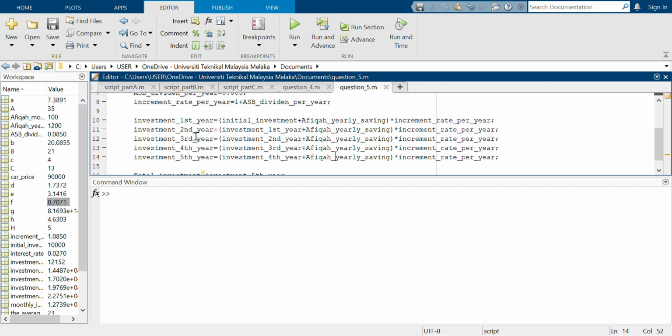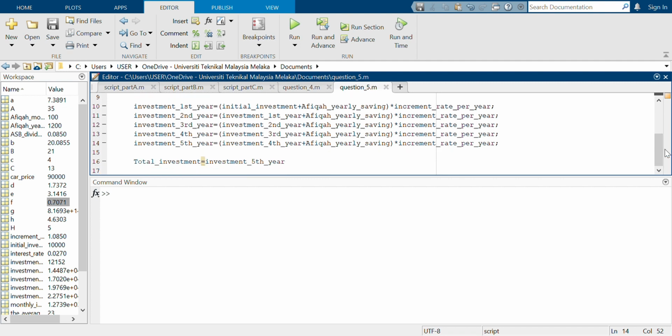For the second year, we use the value from the first year, and the third year we use the value from the second year. Fourth year we use the value from the third year, and the fifth year we use the value from the fourth year. Then we can find the total investment, which is the last investment, equal to the investment of the fifth year, because the question asks us to find the investment that Africa made for 5 years.